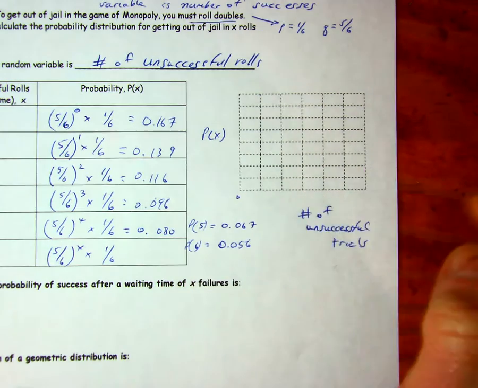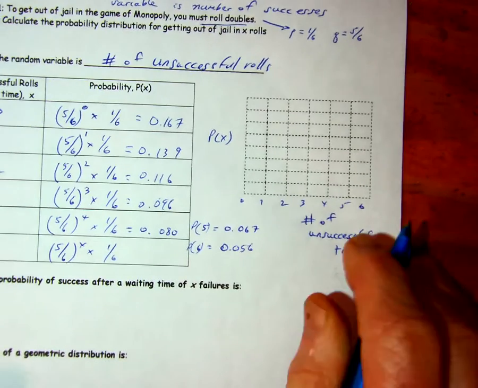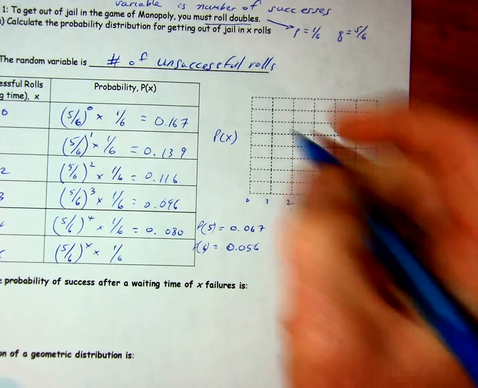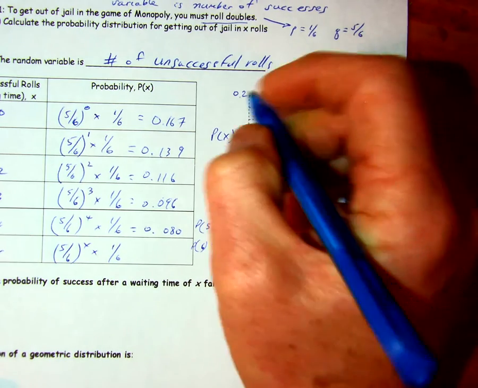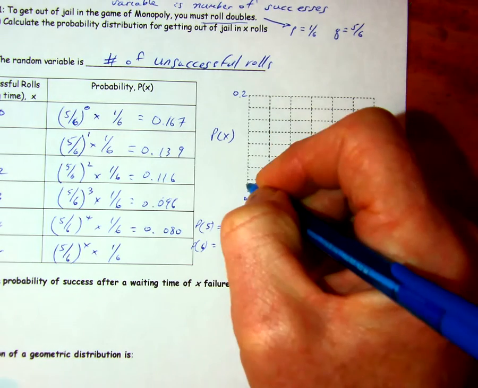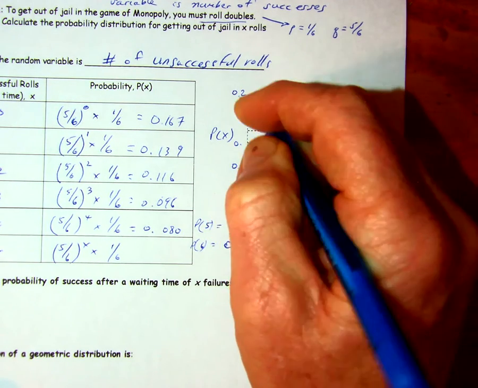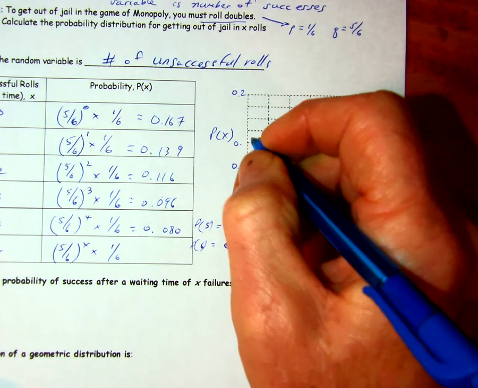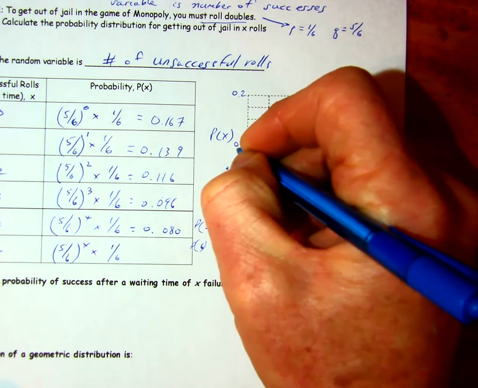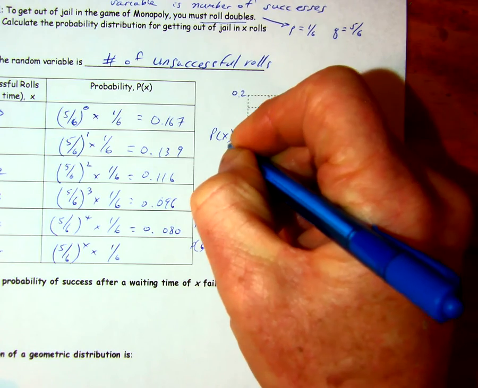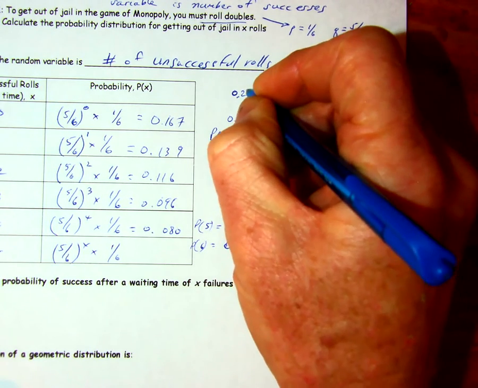We're going to have 0 unsuccessful, 1 unsuccessful, 2, 3, 4, 5, 6, and then the probabilities: 0.05, 0.1, 0.15, something like that.